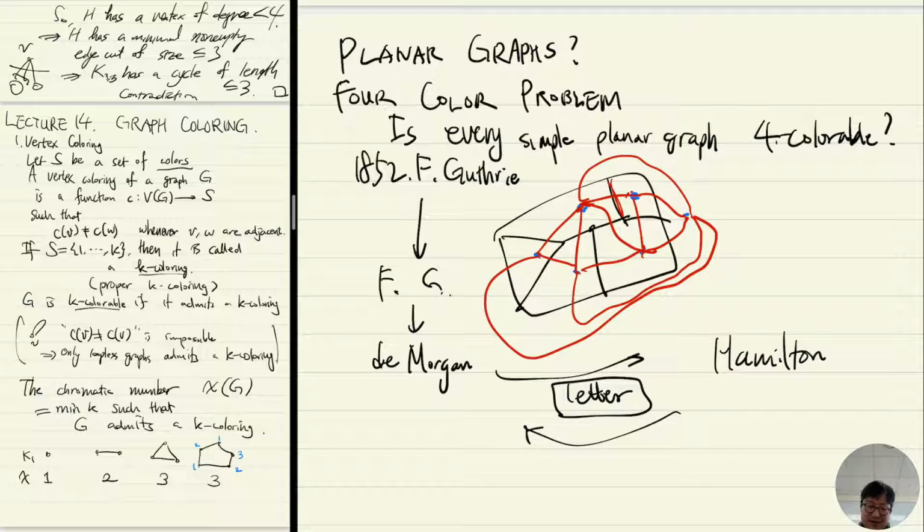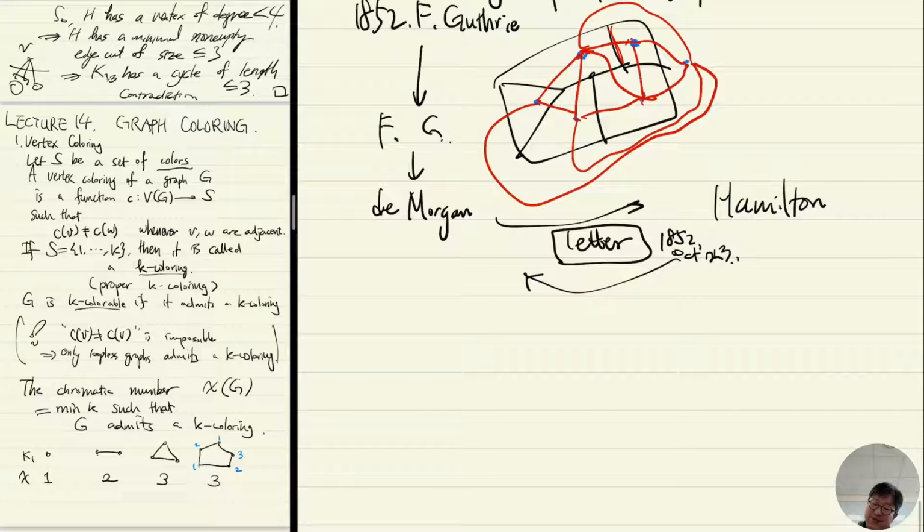The letter was dated October 23, 1852. Hamilton replied by mail saying that he's not interested. So that was it, and then it was forgotten for a long time.